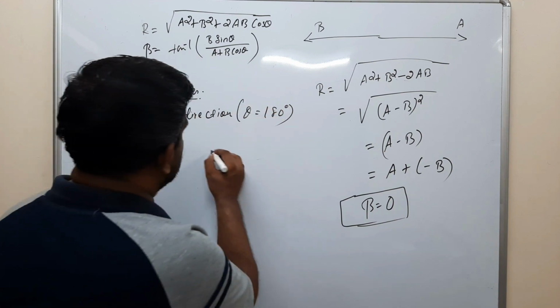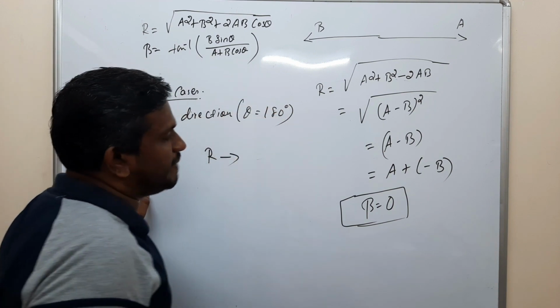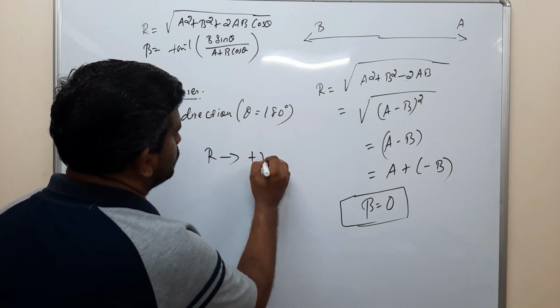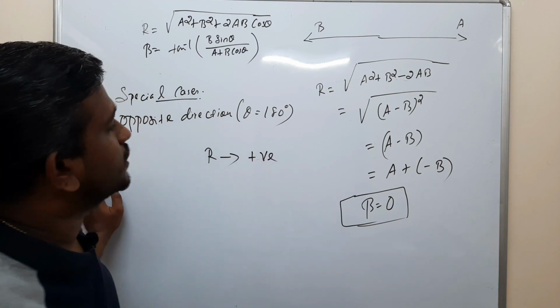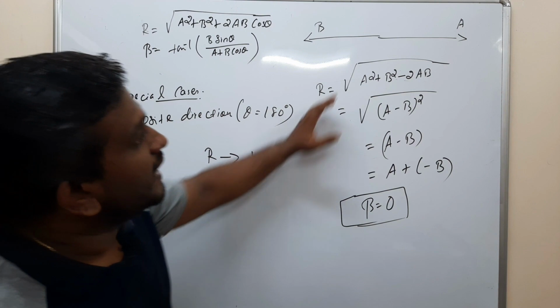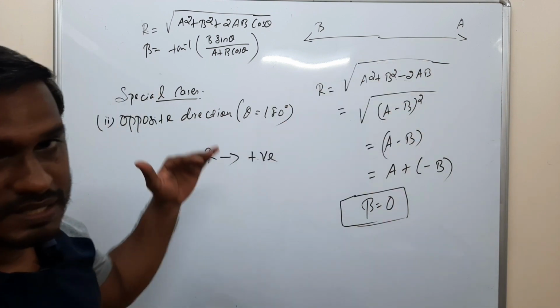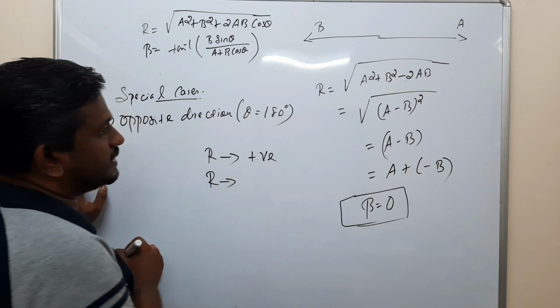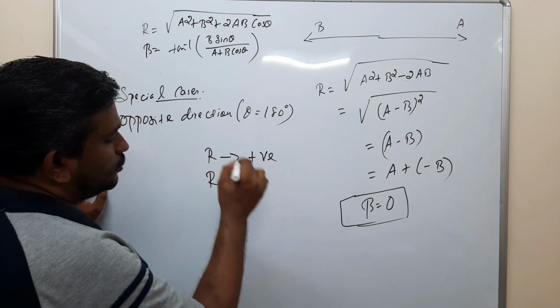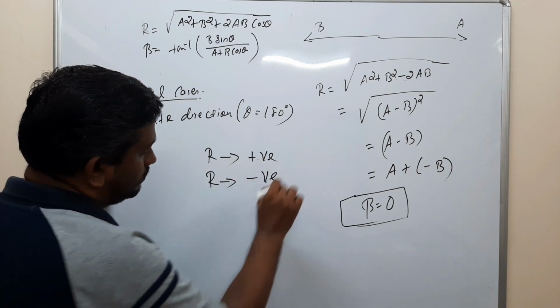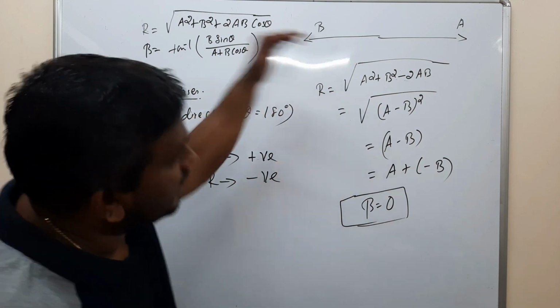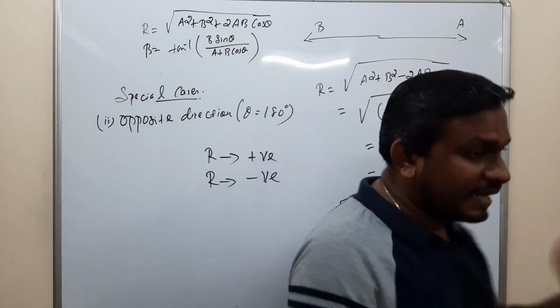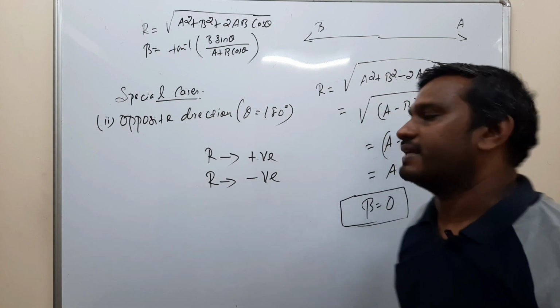If the magnitude of the resultant is positive, it is in the direction of A vector. If the magnitude of the resultant is negative, it is in the direction of B vector.